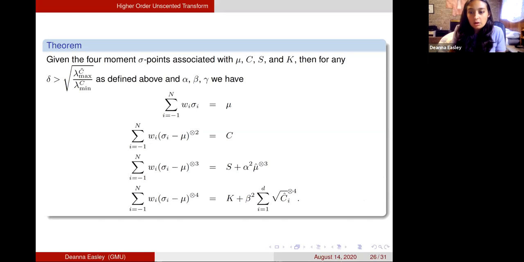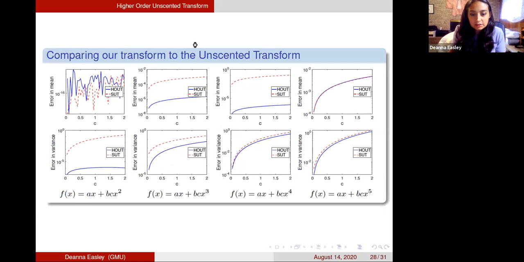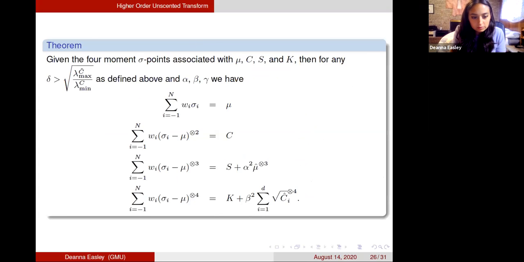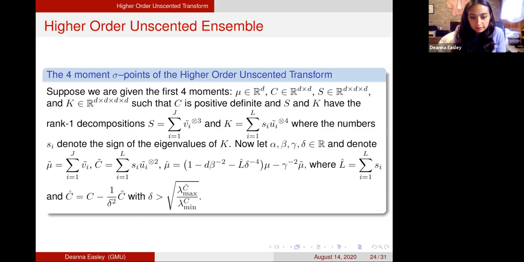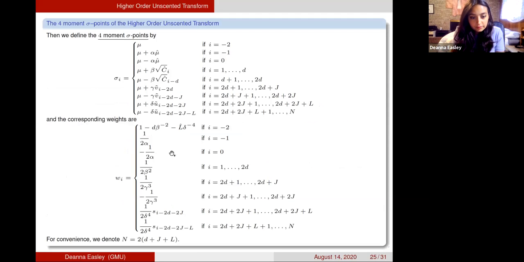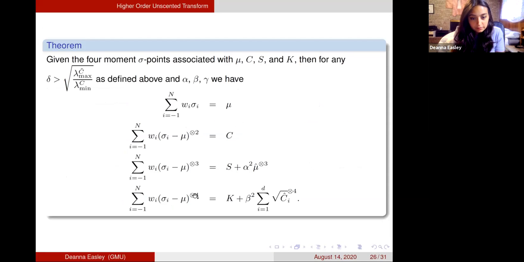Okay, so that's built into the sigma points. We designed them so that the parameters are picked optimally.